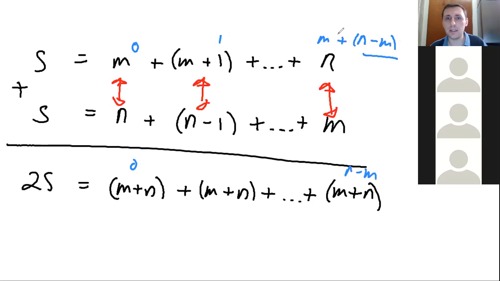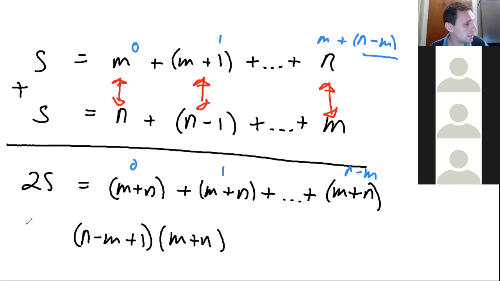So that means I'm adding the same number to itself n minus m plus 1 times. Why plus 1? Because there is also the 0. This is the 1 to n minus m and then the 0 term. So it's n minus m plus 1 multiplied by m plus n. And then all I have to do is divide by 2.